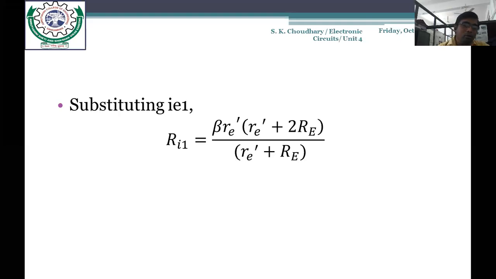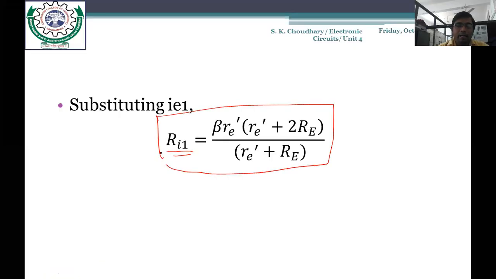When you substitute the value of IE1, you get the value of RI1, that is beta RE dash into RE dash plus twice RE upon RE dash plus twice RE plus RE. So this is the equation for the input resistance of the differential amplifier.